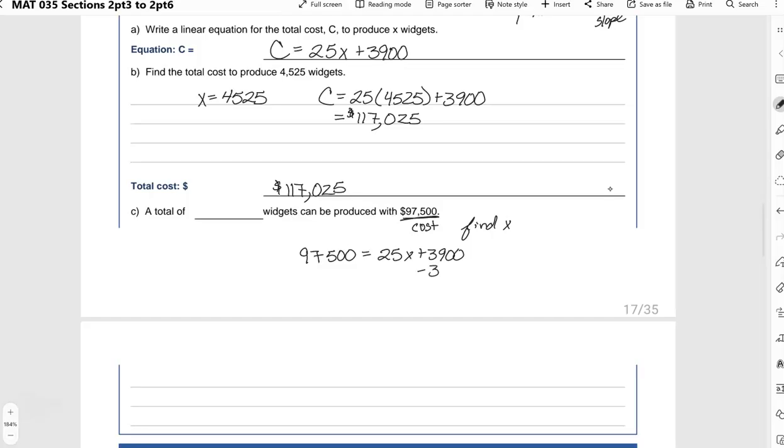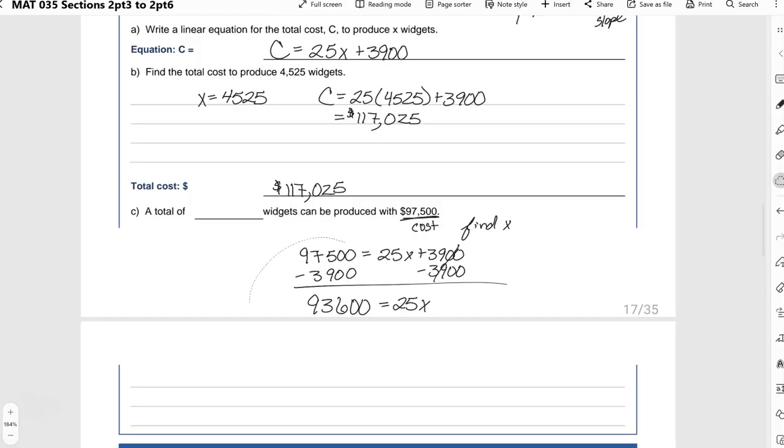We're going to start by subtracting the 3,900 from both sides. So 97,500 minus 3,900 is 93,600, and that's equal to 25x.